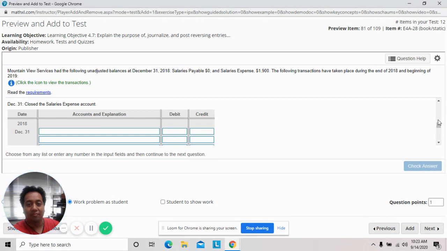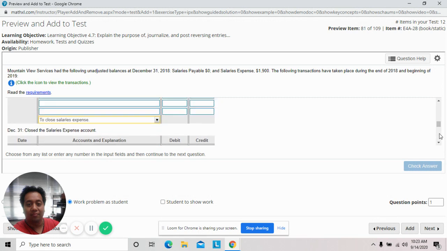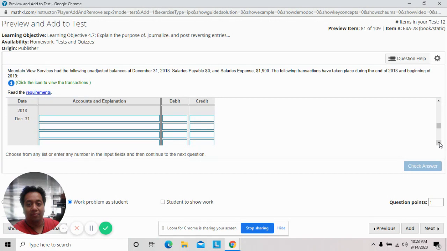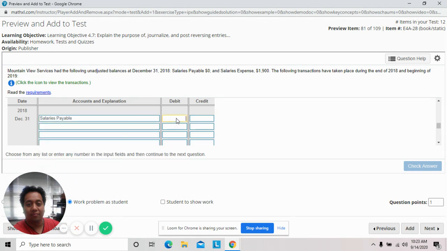So if I go back here to reverse the entries, I will debit the salaries payable for $8,000 and credit salaries expense for $8,000.